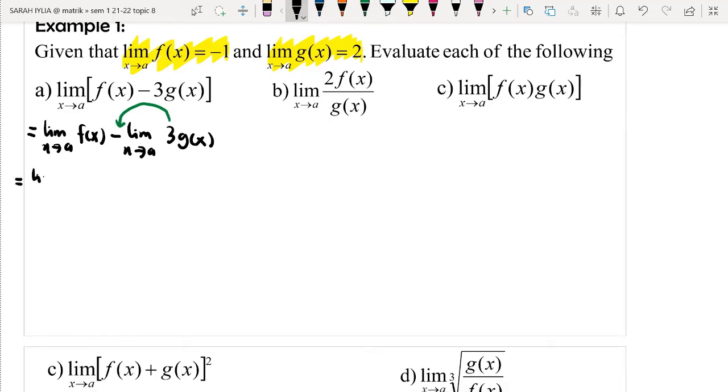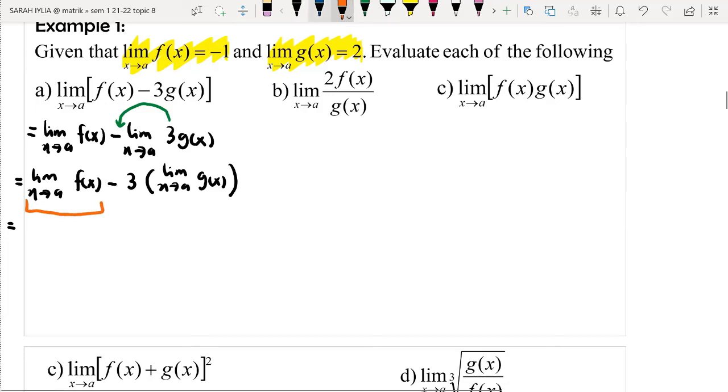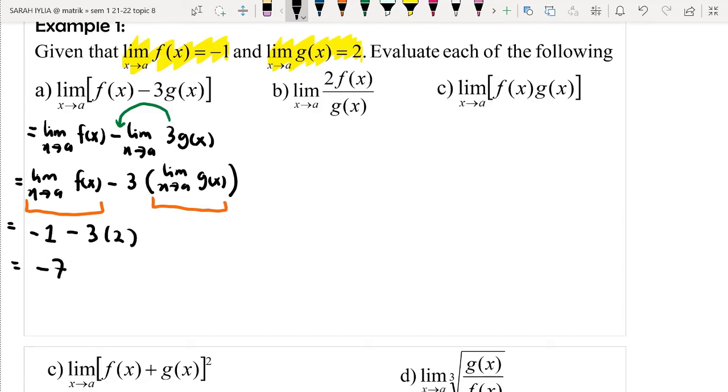Now we have the limit, kat depan saya tak tukar, minus 3 times the limit x approaches a of g(x). Okay, now we can substitute one by one based on the info of our question. So the limit of f(x) is basically negative 1 minus 3 times the limit of g(x), which based on the info is basically 2. So the final answer here would be negative 7.